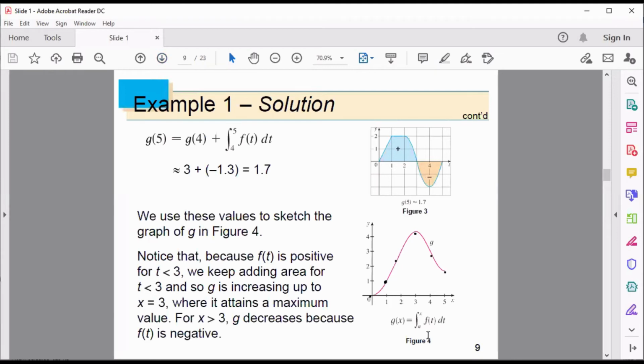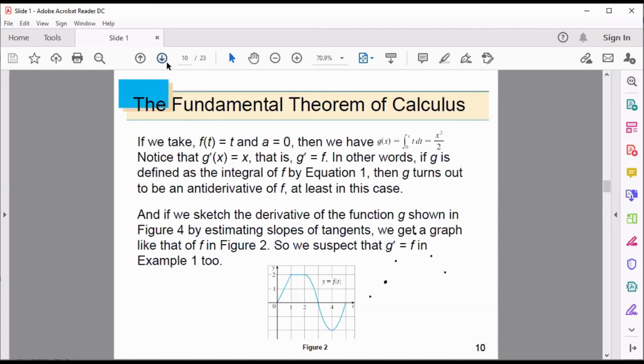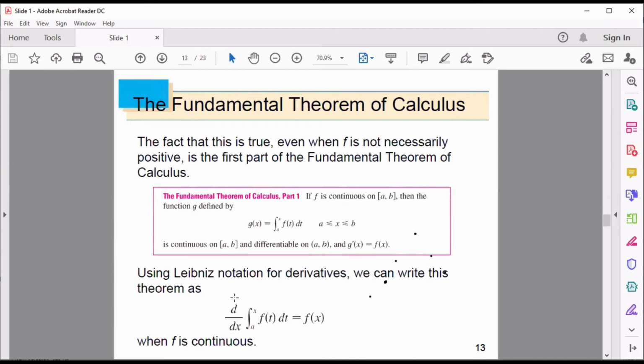Then we have a connection between g and f. When f is positive, g is increasing. When f is negative, g is decreasing, and we have more. That means the derivative of g is equal f. Then this is an important point. That's why sometimes we say this action, this integration, is anti-derivative. That means the inverse action of the derivative, like going and returning.